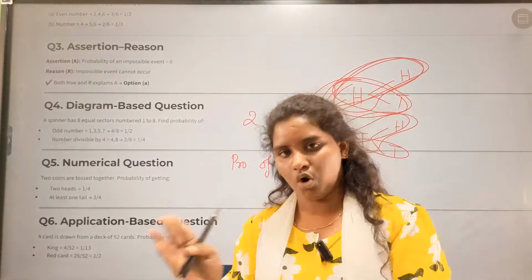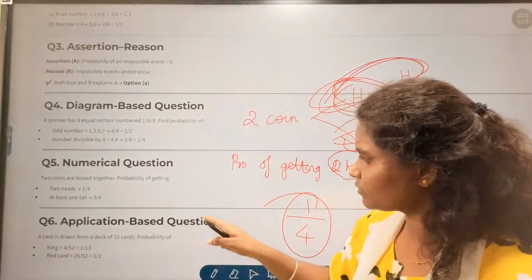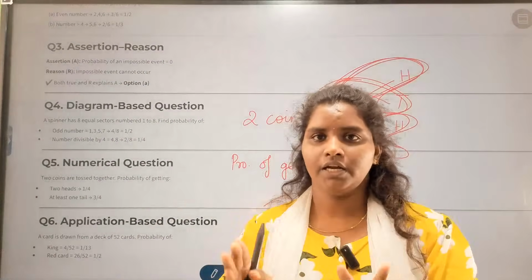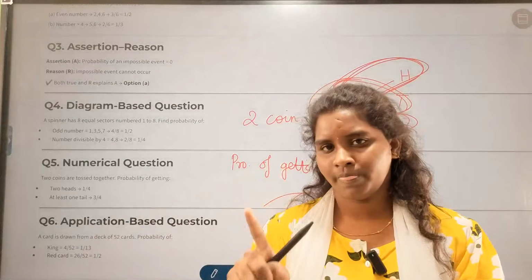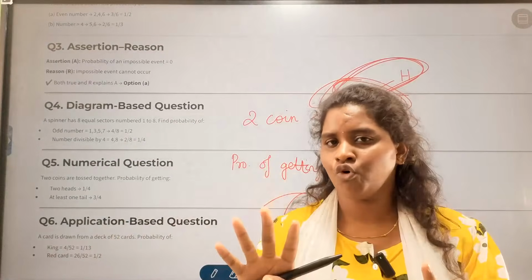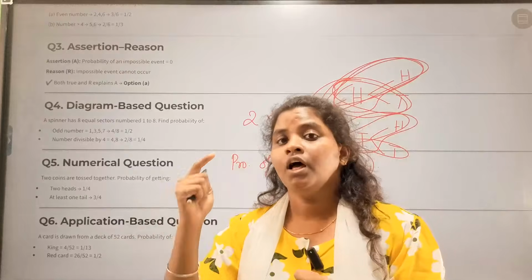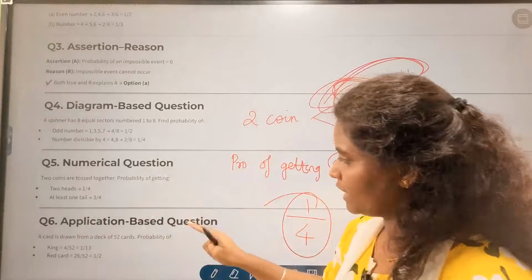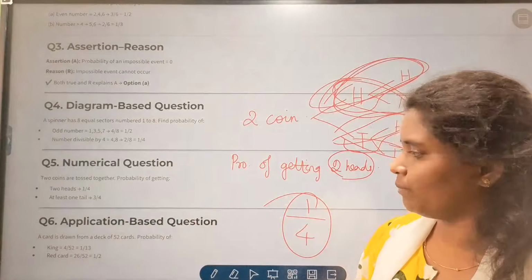It's 26, 26, right? So the king means in each 13, we have one king. So totally we have 4 kings. So the total favorable case is 4 divided by the total sample space 52, which is 1 by 13.